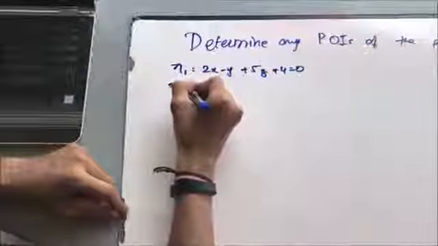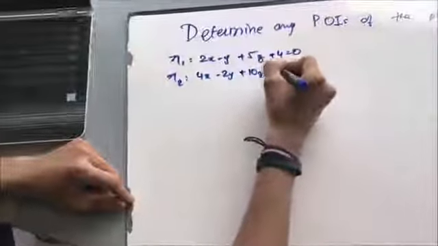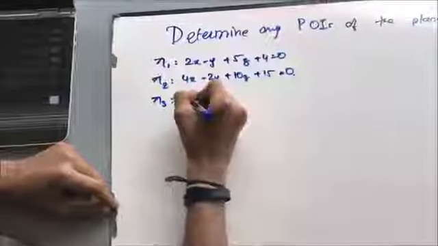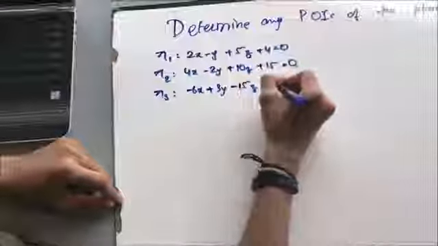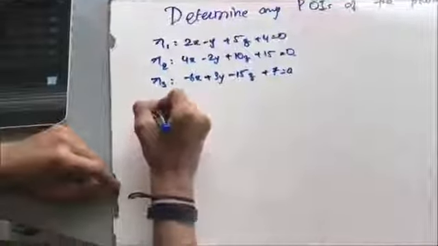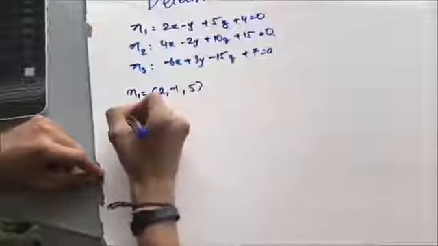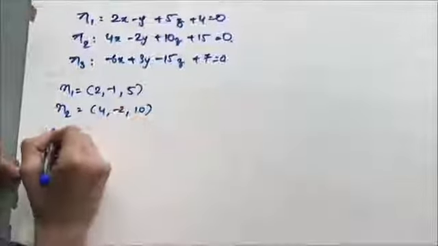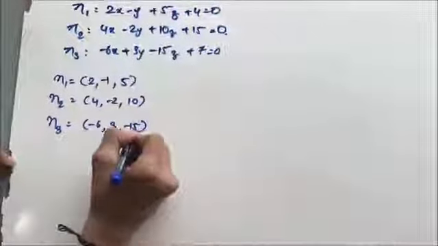Plane 2 is 4x minus 2y plus 10z plus 15 equals 0, and plane 3 is negative 6x plus 3y minus 15z plus 7 equals 0. Here, the three normals are n1 equals (2, -1, 5), n2 equals (4, -2, 10), and n3 equals (-6, 3, -15).